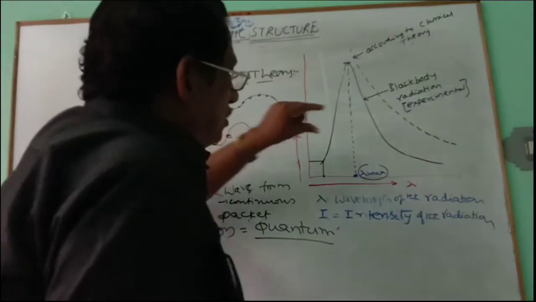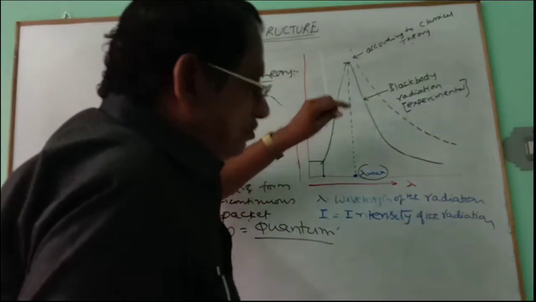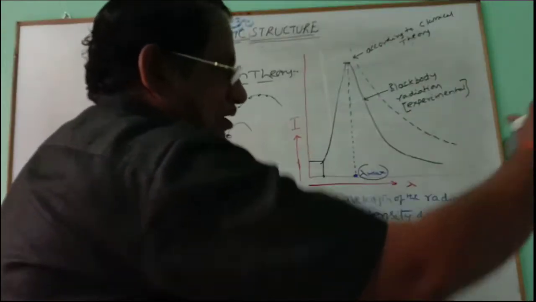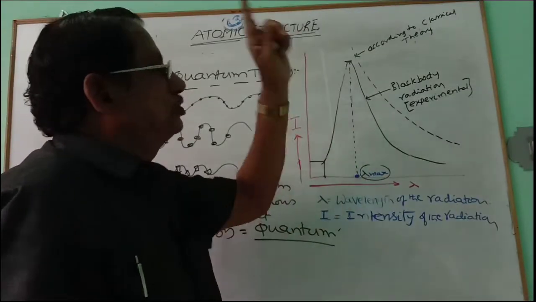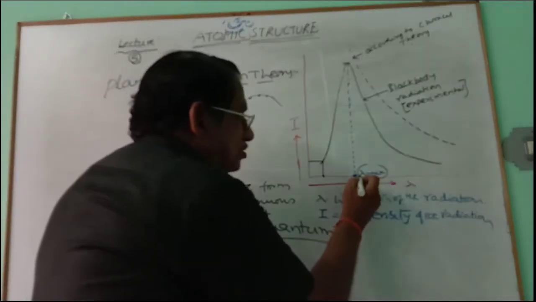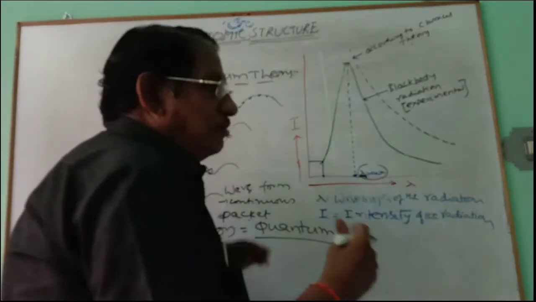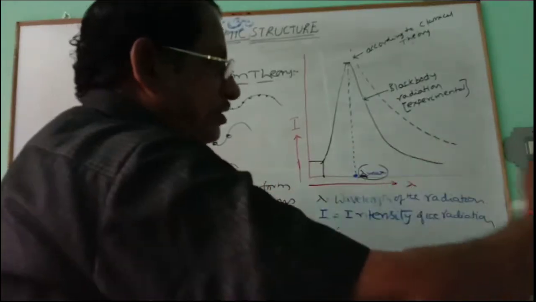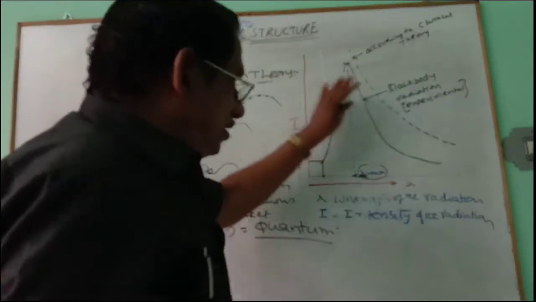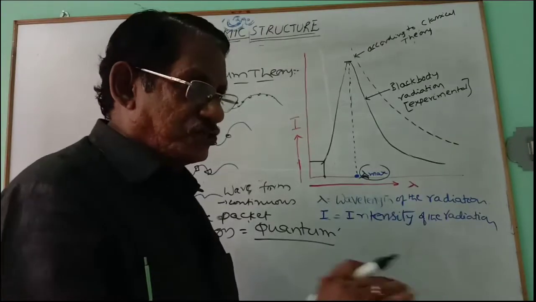The hot body is emitting this lambda maximum radiation, meaning the radiations having this lambda value will be maximum among all, because its intensity is more and more. Other wavelengths will be smaller than this, that is why their intensities are less.